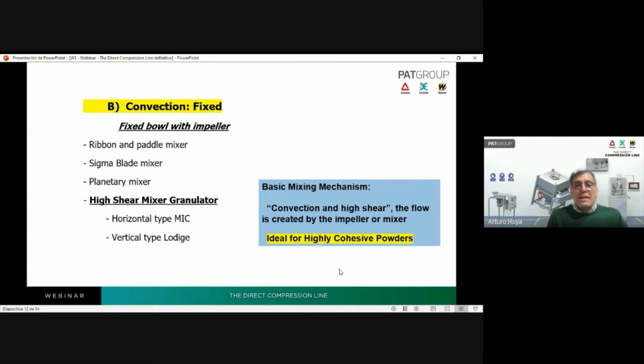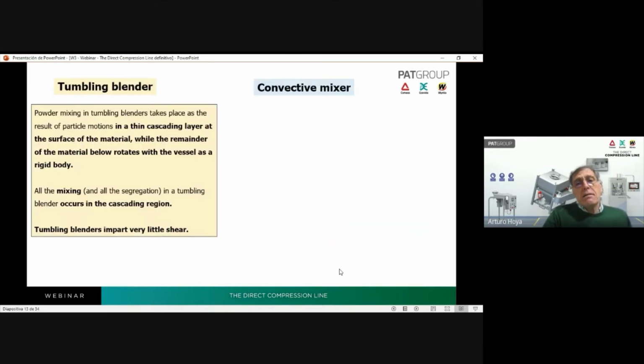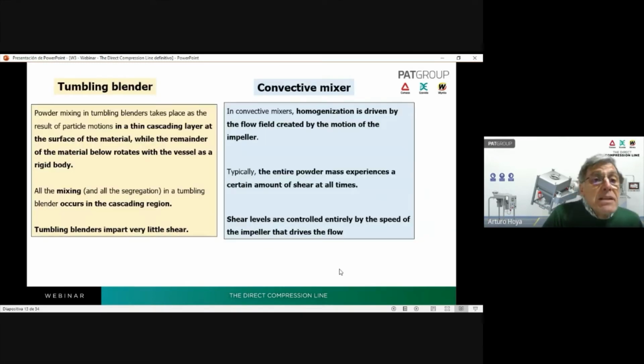So the flow that creates the impeller lets the powder have good mixing, and in this case is ideal for highly cohesive powders. This is the big difference between tumbling and convection. Here, additional information.